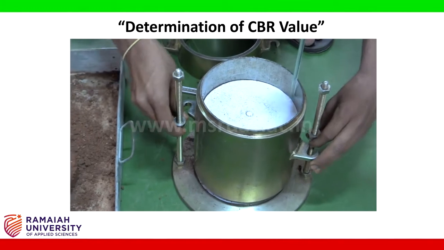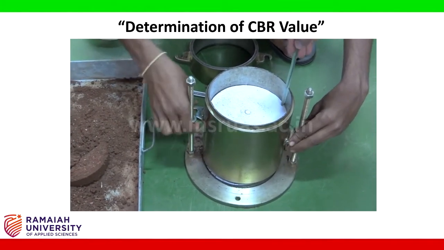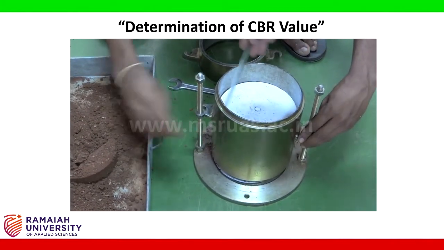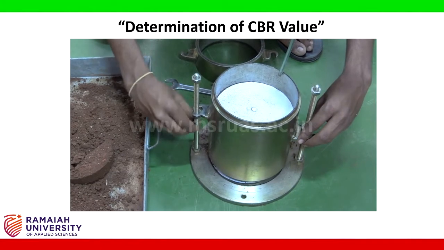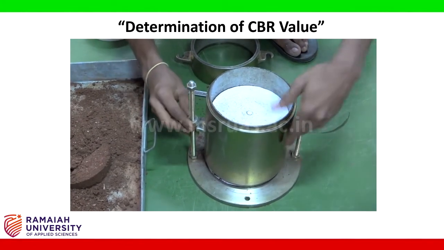This space which we have now, which was created by making use of the spacer disc, is actually the space that will be accommodated by the surcharge plates during the test process.